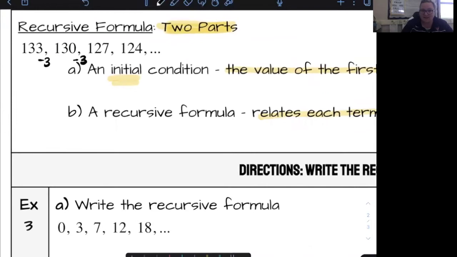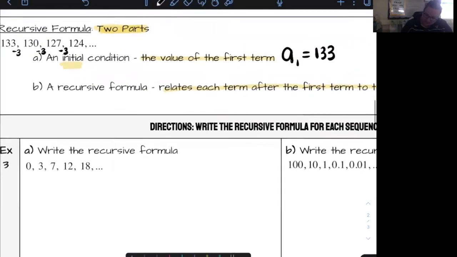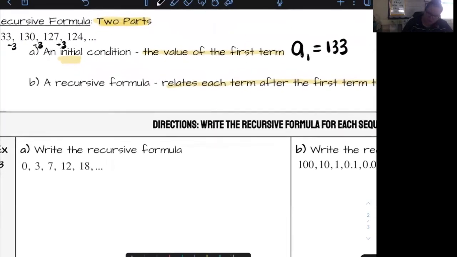And again, to get to that fourth term, you would subtract 3 from the third term. So we create a recursive formula by relating each term to the previous one. So what that looks like is, any term is equal to the term before it minus 3.